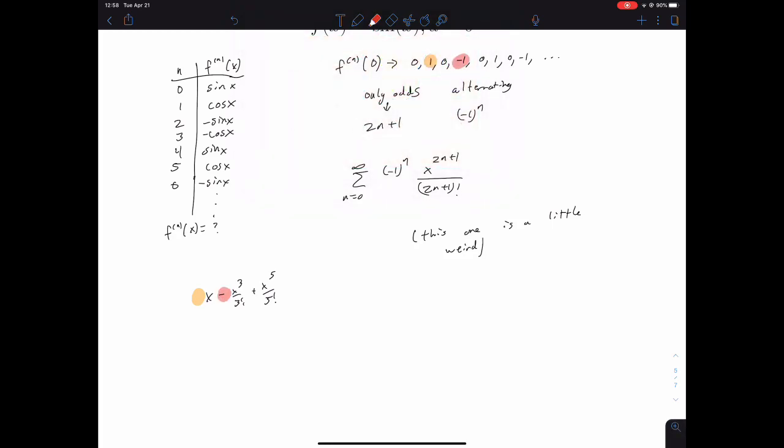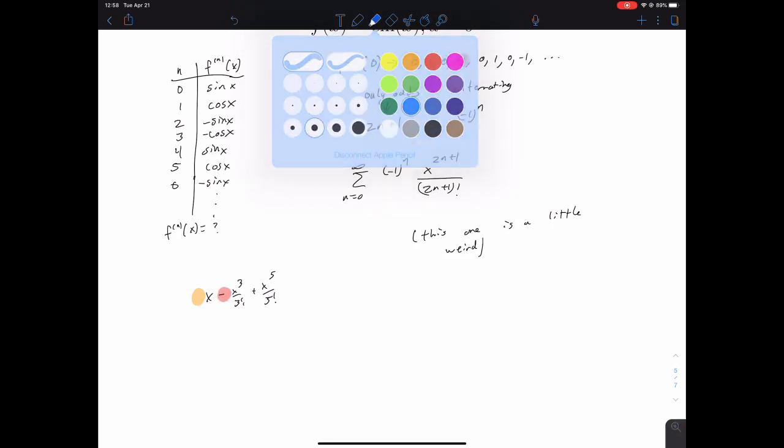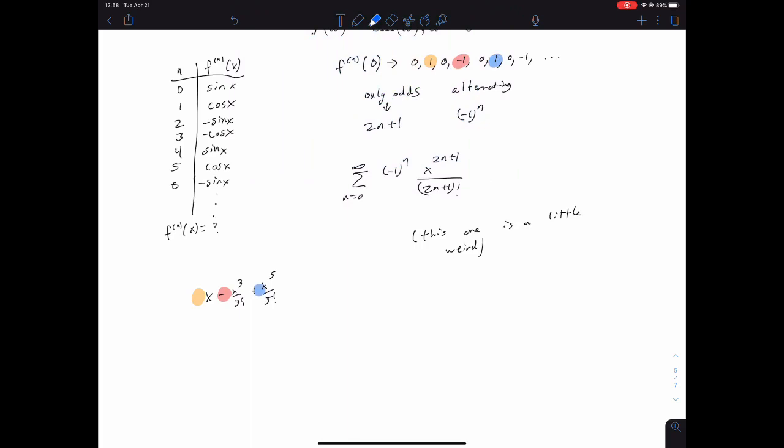This is the minus 1. And then this is this 1. And then you'll have minus x to the 7th over 7 factorial plus dot, dot, dot. Okay. So this is the formula for sine, and this is another one that you can memorize. I think I'll actually give you guys a sheet with these.